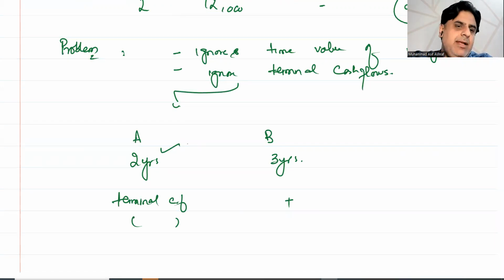So you might end up losing your money because this project has higher negative terminal cash flows. On the other hand, project B, although it has a higher payback period, has one more advantage, that it has higher terminal cash flow, which is ignored. So these are the two drawbacks of traditional payback period.